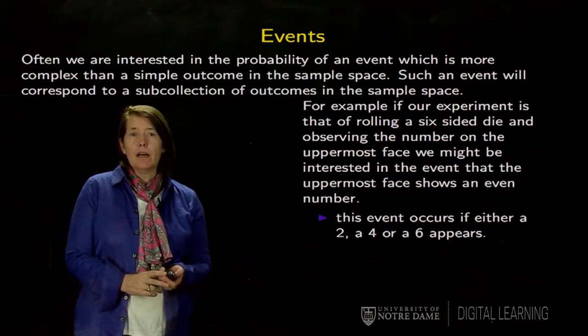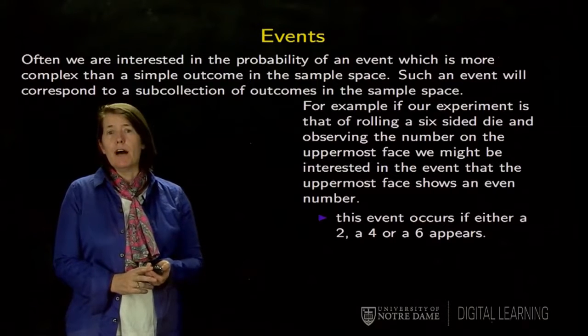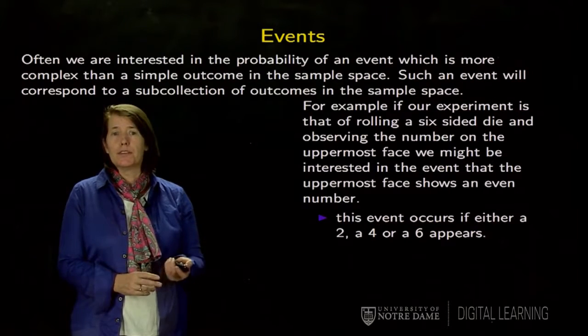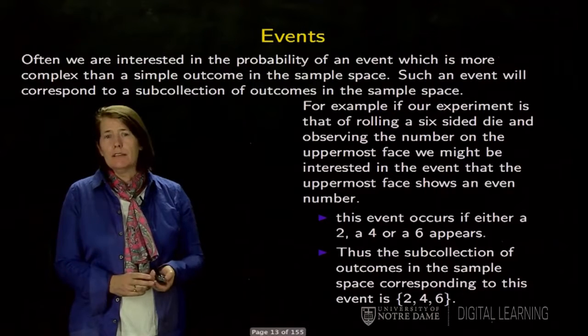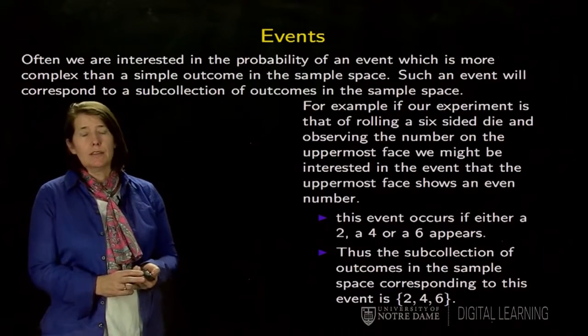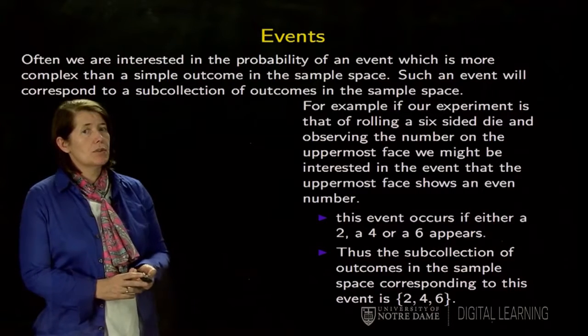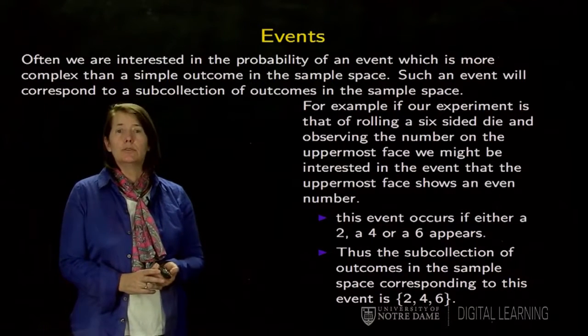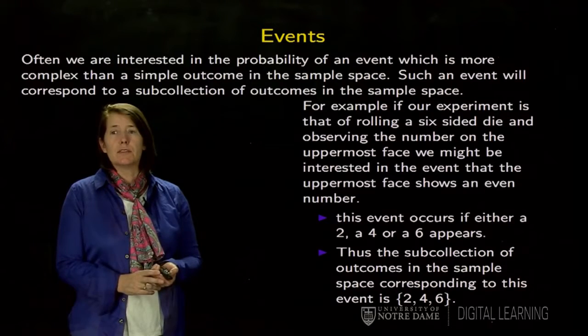That event occurs if either of the following three outcomes occur, a 2 or a 4 or a 6. So the event corresponds to a subset or a sub-collection of the outcomes, namely the one written at the bottom of the screen, 2, 4, and 6.